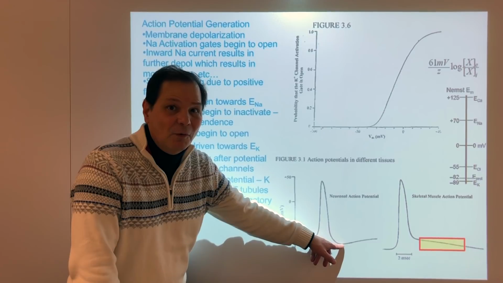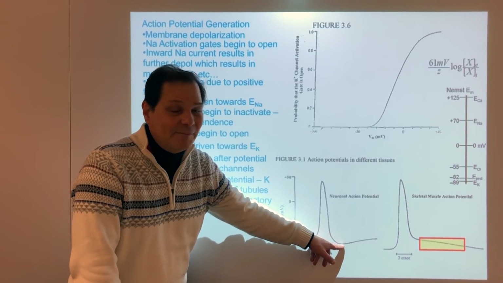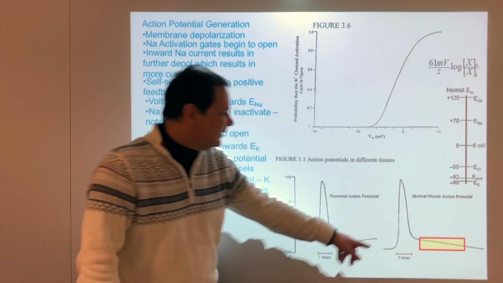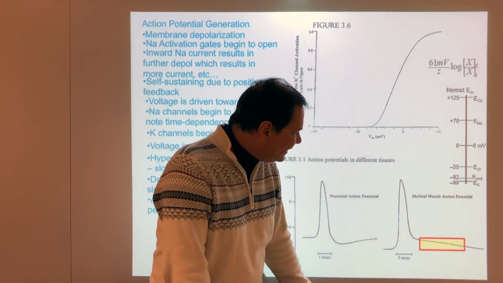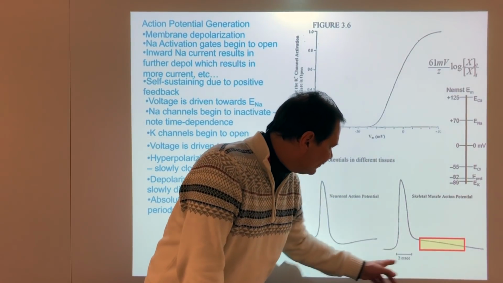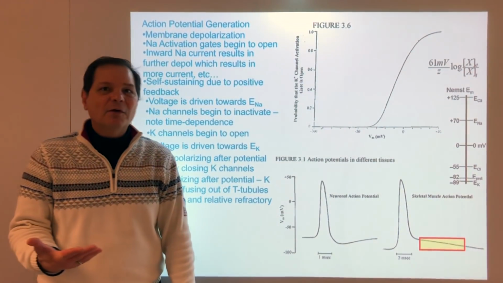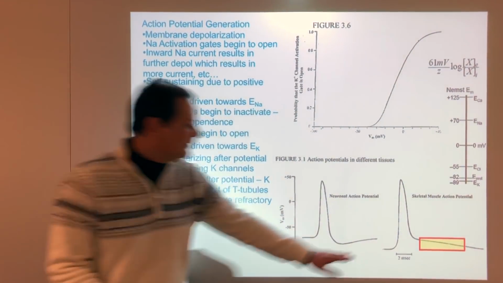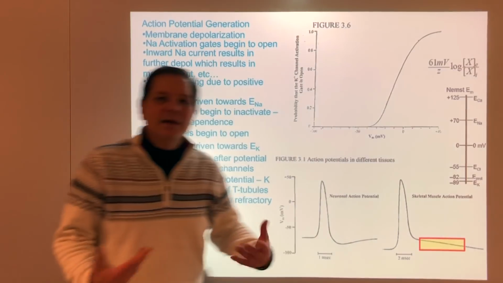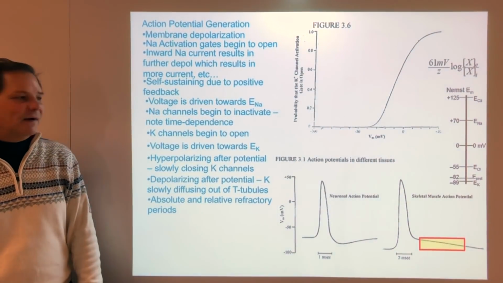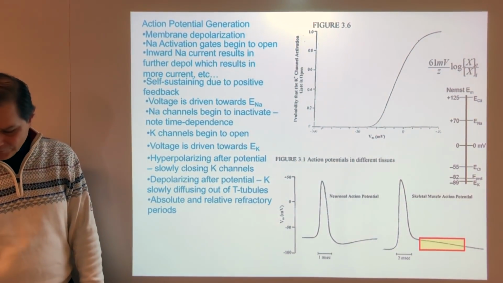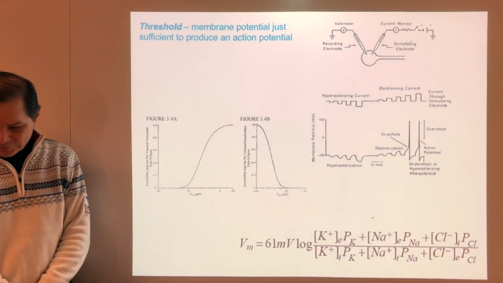Too many of them are still open because they haven't closed yet. That makes it harder to depolarize the membrane. In this case, until the membrane gets really down closer to rest, some of those inactivation gates are still closed. So again, even during this phase, it's harder to generate an action potential in the skeletal muscle. So those are our refractory periods.